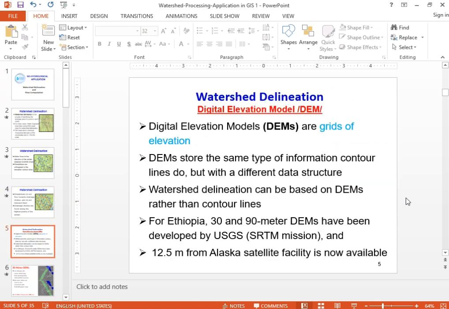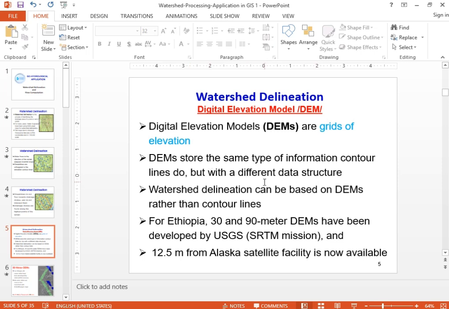Nowadays this paper map is not used, and the DEM, or digital elevation model, is used in order to delineate a watershed. DEMs store the same type of information that contour lines do, but with a different data structure.